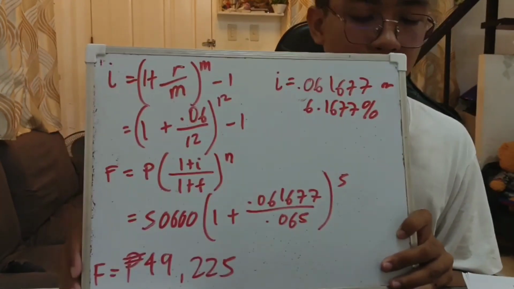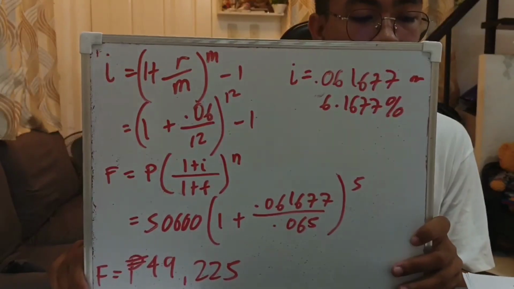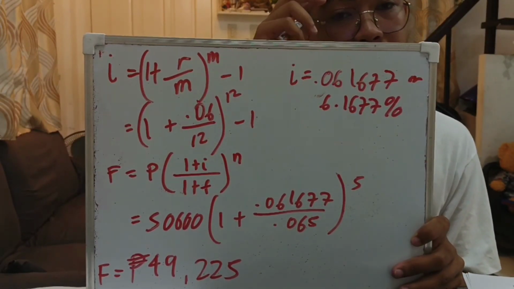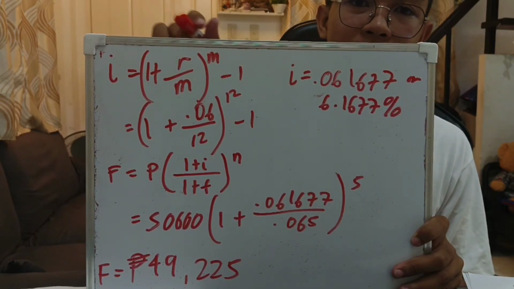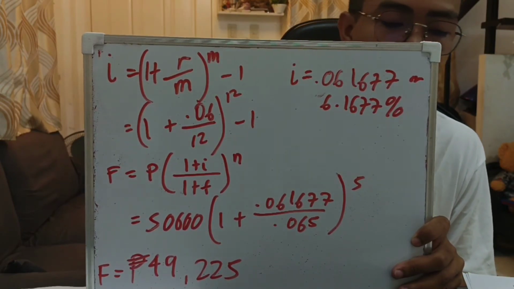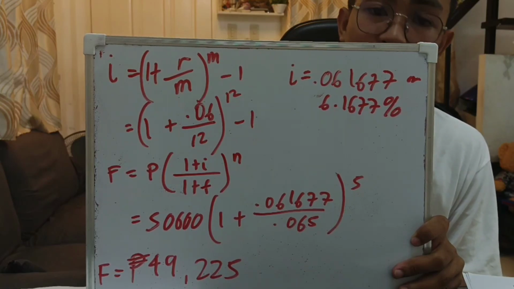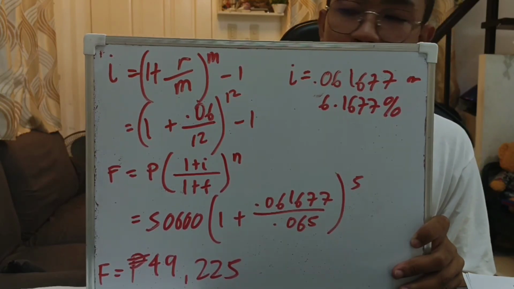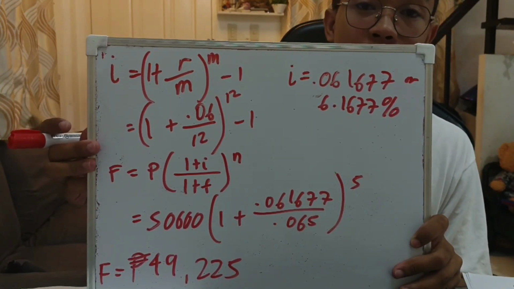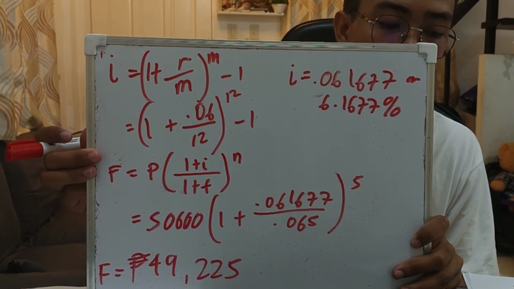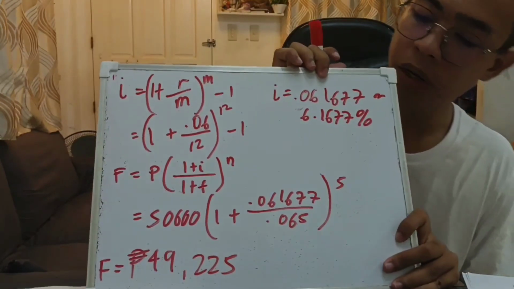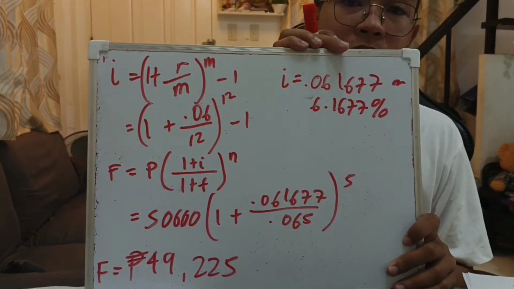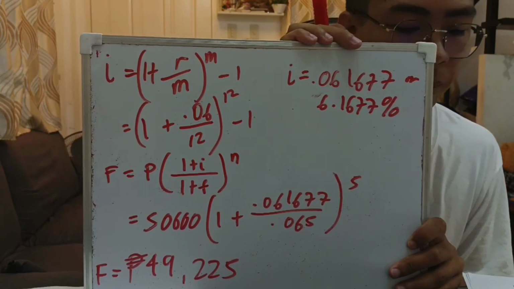So I is equal to 1 plus R over M to the power of M minus 1. So 1 plus 0.06 over 12 to the power of 12 minus 1. So our I would be 0.061677 or 6.1677% here.